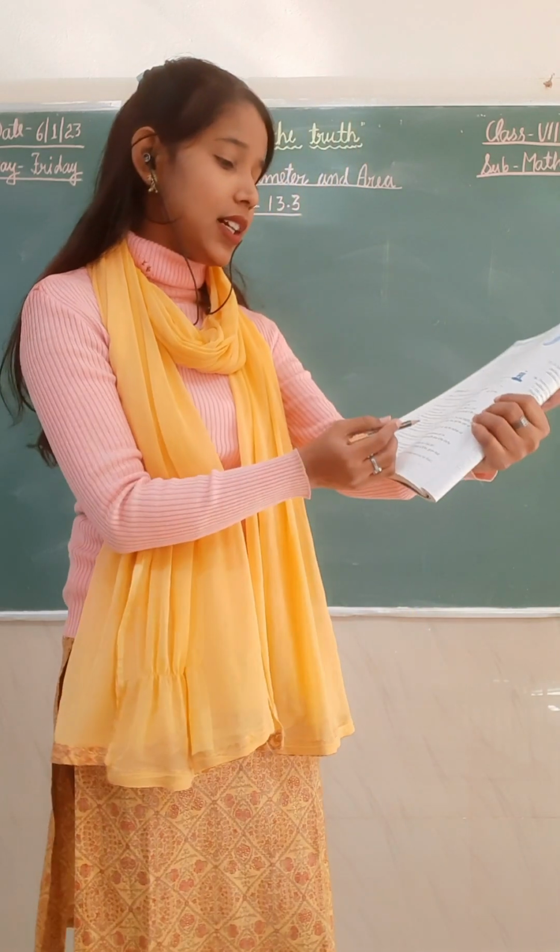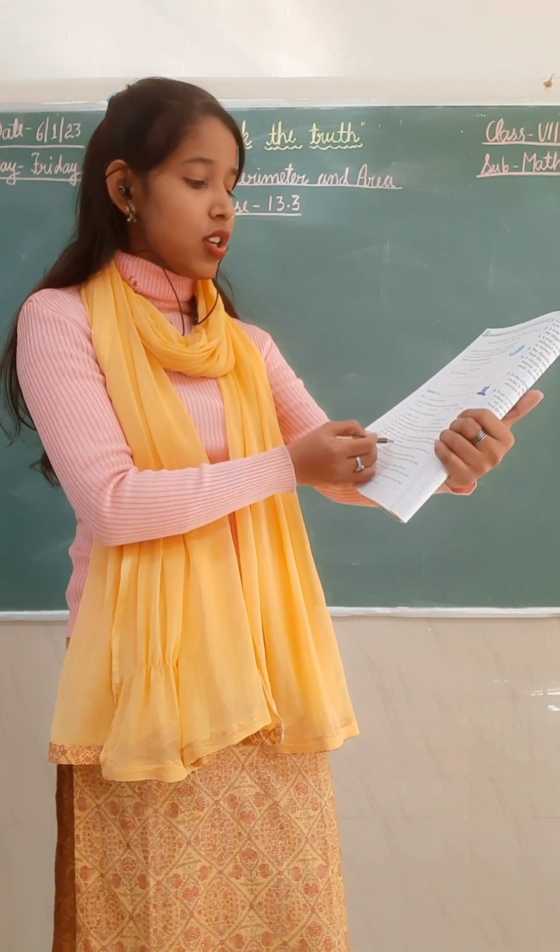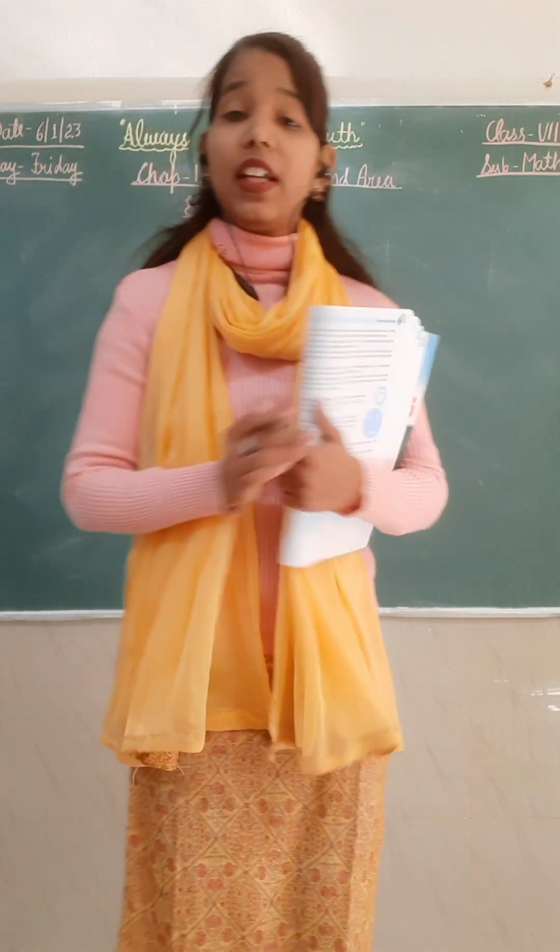And it is given here that also find the cost of the rope. If the cost is 4 rupees per meter, meaning the cost of 1 meter rope is 4 rupees, then we have to find the total cost of fencing.